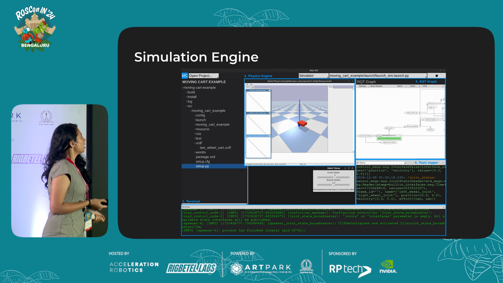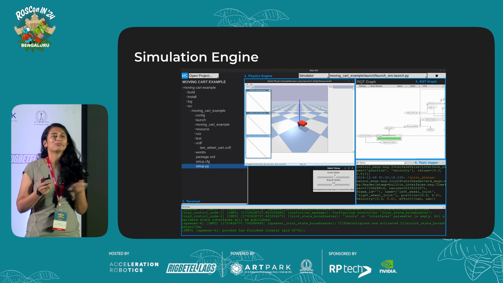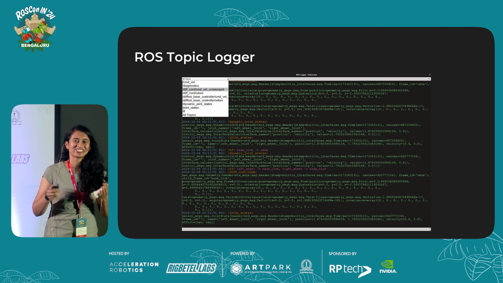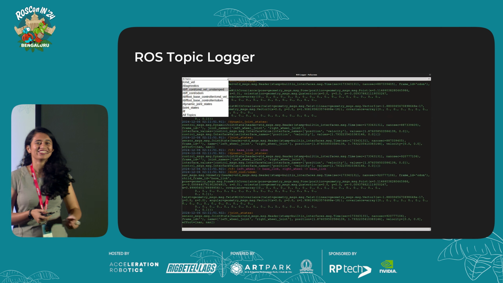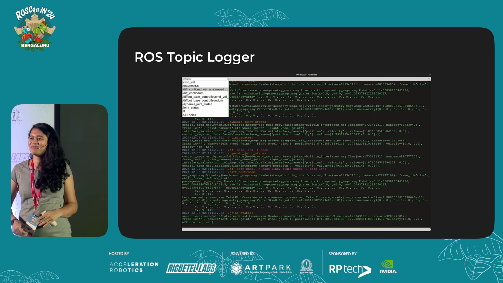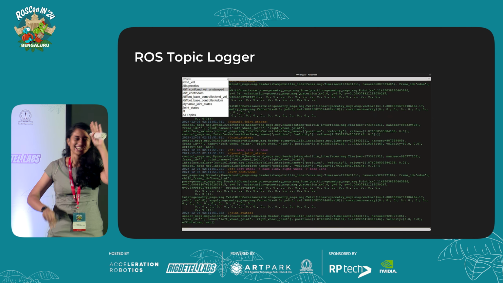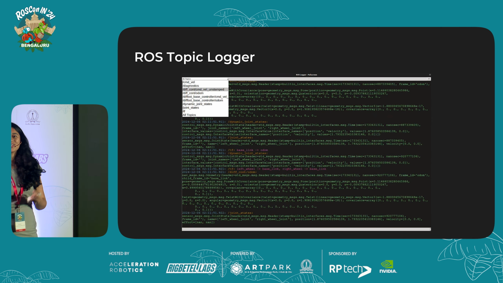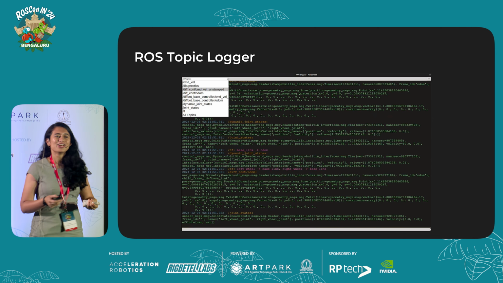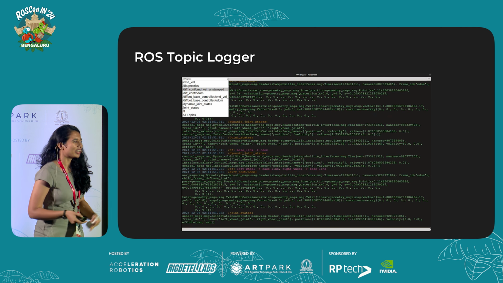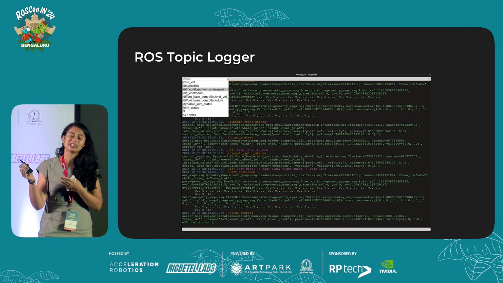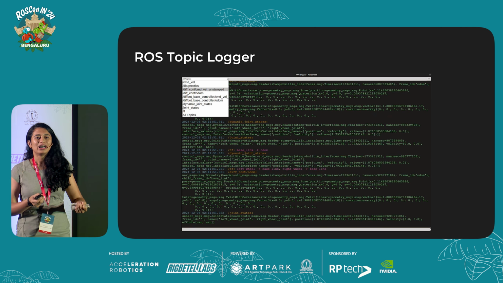Now coming to the debugging part. Remember the ROS topic logs, those numbers that feel like the Matrix flying in front of your eyes? If you want to filter out the one topic you want to debug, you have to run multiple terminals with multiple topic echos.